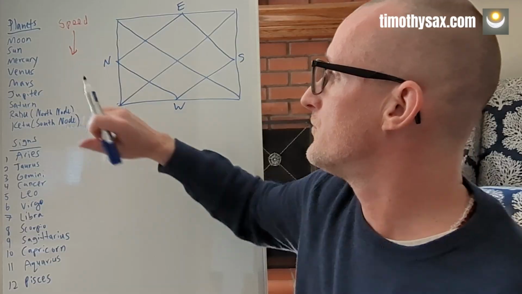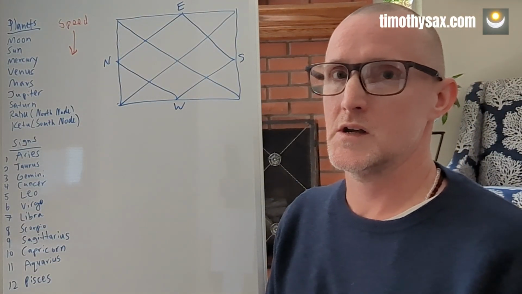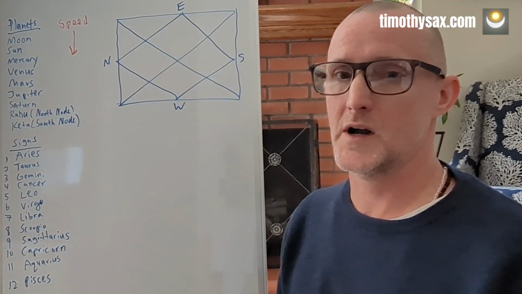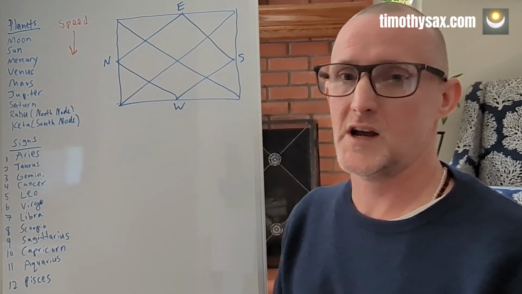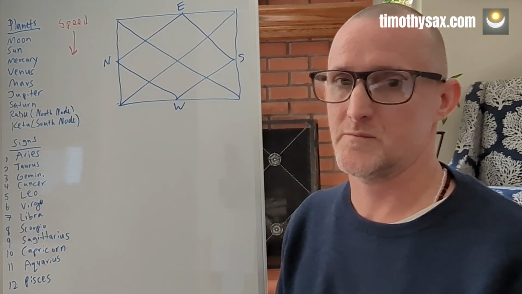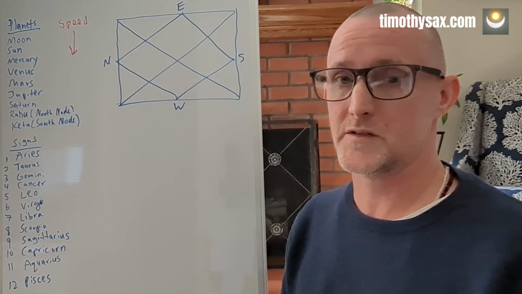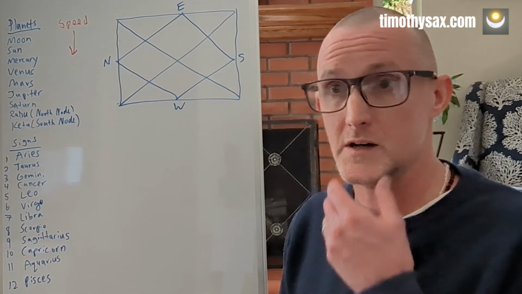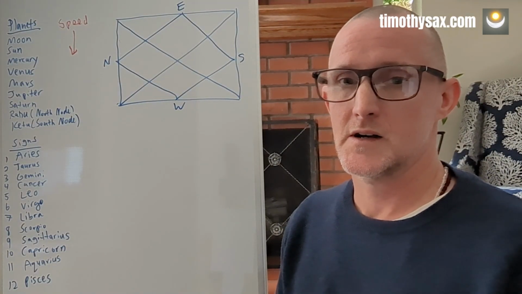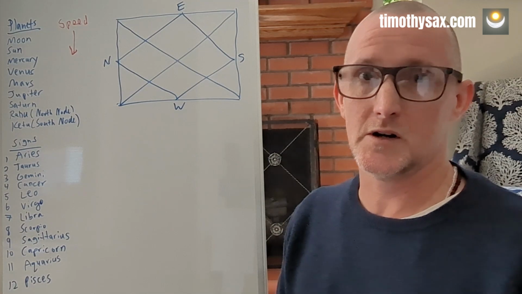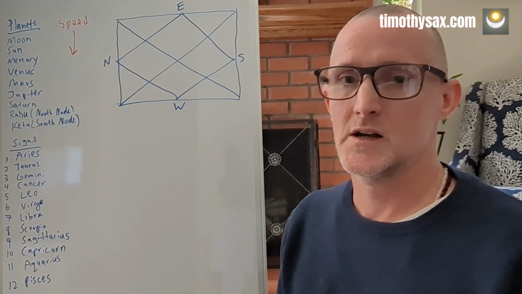The north node is the point at which the moon's path around the earth intersects the earth's path around the sun. So we all know that the earth revolves around the sun, but as we think about it, we think that the sun revolves around the earth. That's what it appears to us to be in the sky.